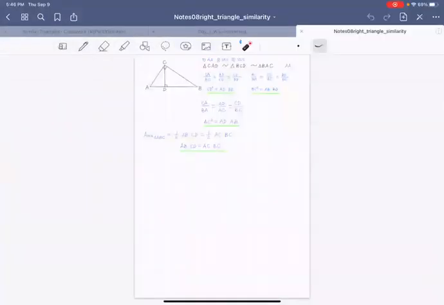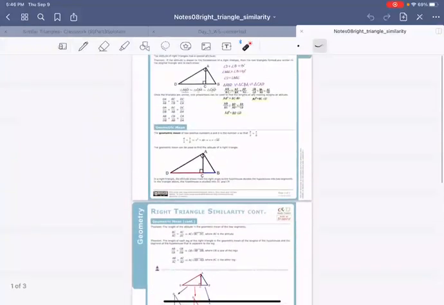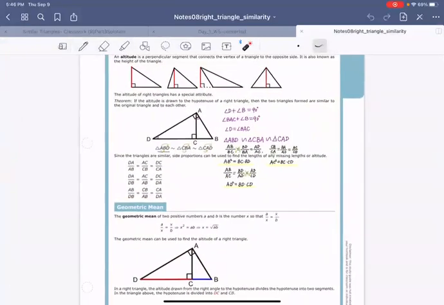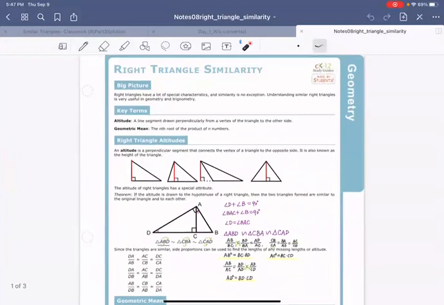I first want to teach you about triangle similarity. We learned triangle similarity before, and we spent 3 weeks talking about similarity and writing those kinds of proportions. This class is special because we are talking about similarity inside a right triangle. What will happen?